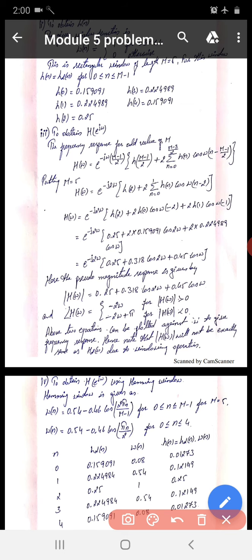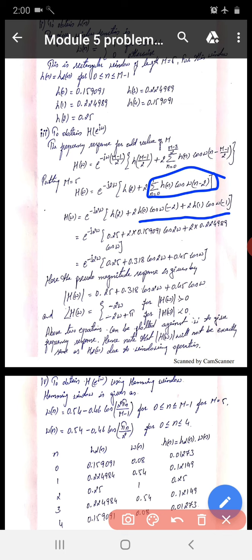Next we have to expand this equation again. You will be getting 2 h of 0 cos omega (0 minus 2), because n is going to be 0, plus 2 h of 1 cos omega (1 minus 2), that is cos omega minus 1. Okay.